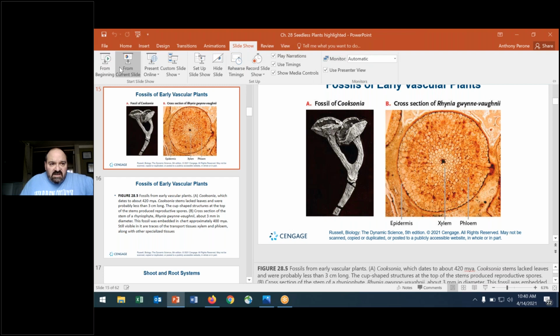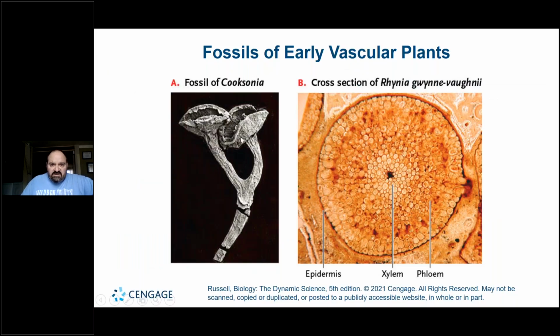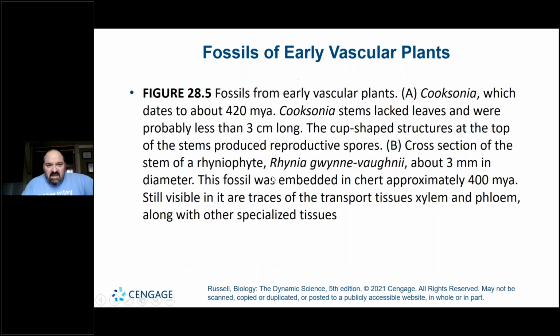And so you're seeing here an example of the Cooksonia, very unique in its presentation as far as this fossilized plant is concerned. And so Cooksonia dates to about 420 million years ago, right? Cooksonia stems lacked leaves and were probably less than 3 centimeters long. The cup-shaped structures at the top of the stems produce the reproductive spores.